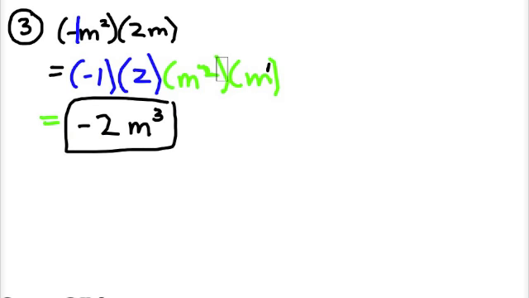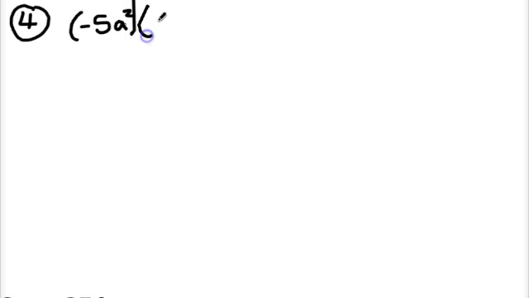Okay, last one. Number 4. Negative 5a squared times a cubed times negative a b exponent 4 times negative b exponent 5.